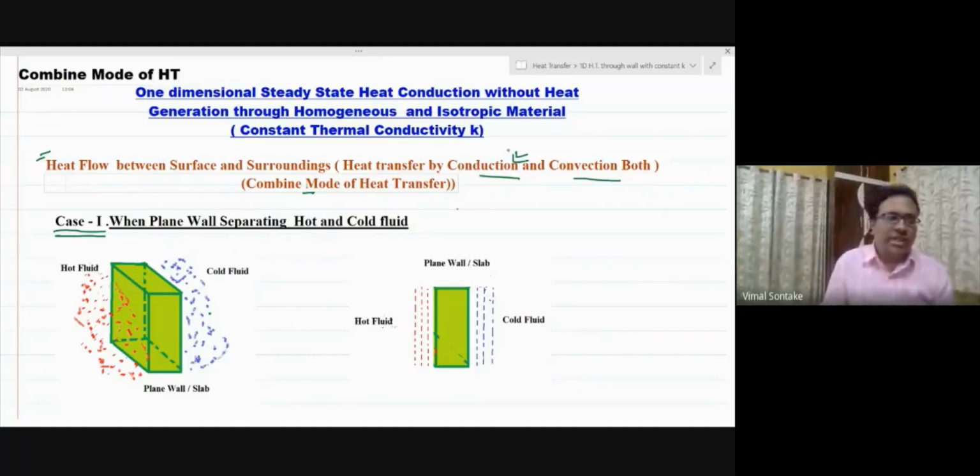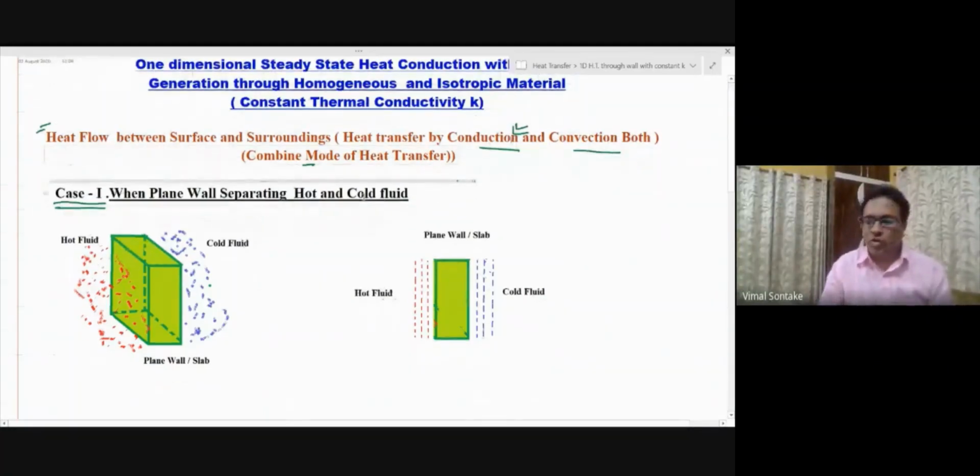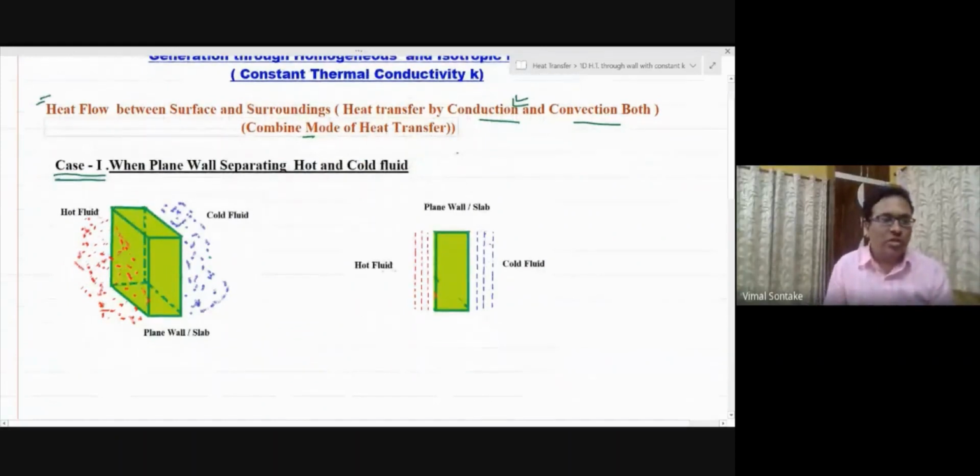So the first case I am considering is when only a plane wall is separating hot and cold fluid. One such plane wall is shown in this figure. This plane wall is separating hot fluid and cold fluid.